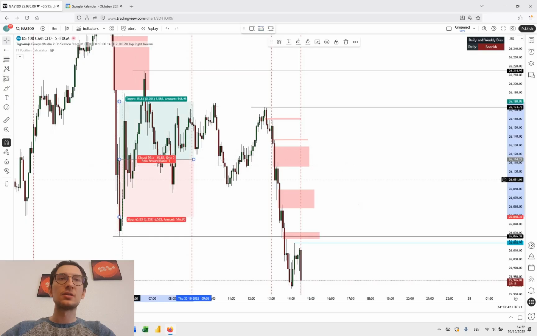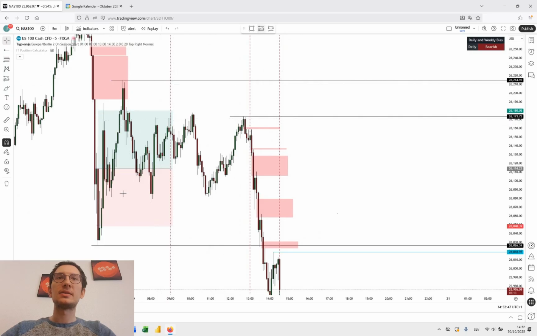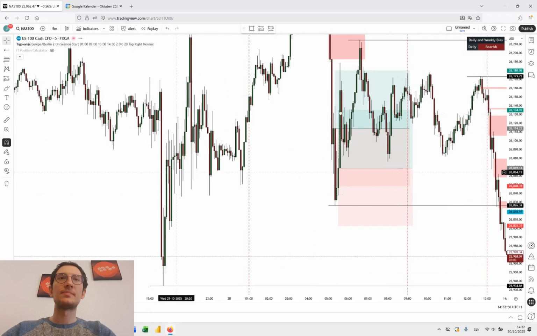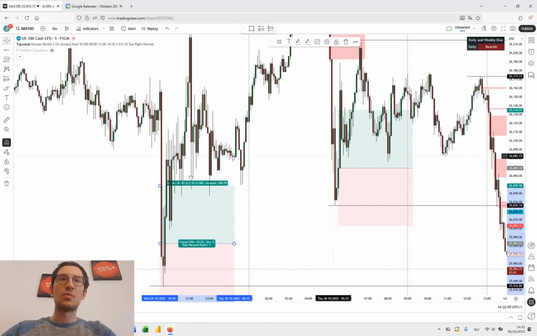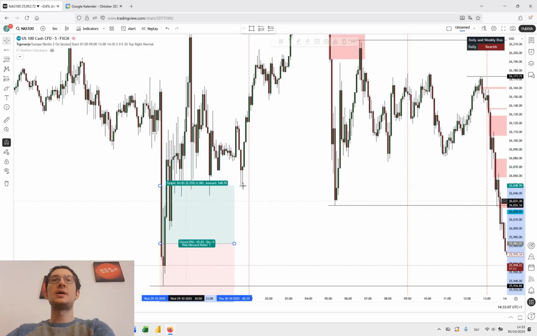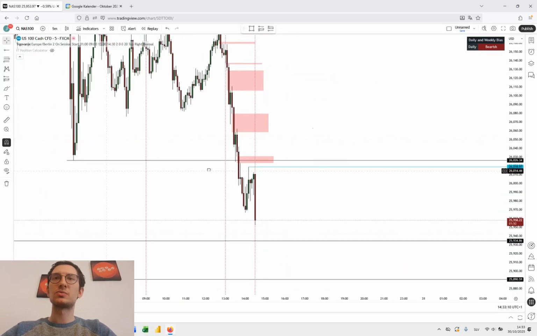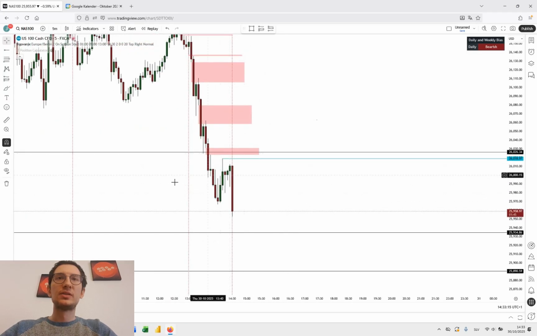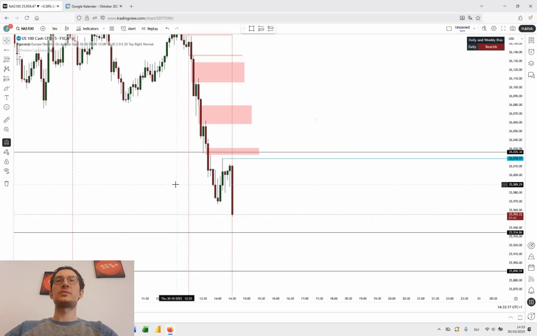I entered 2 trades, one here without a stop loss, and another one somewhere in the middle, and I was targeting this line here before the news drop. I made 2 risk reward ratios, which means around 30 euros. But now we are waiting, and that's about it.